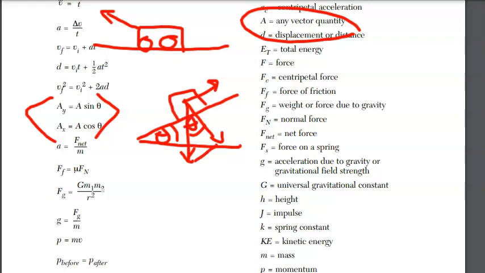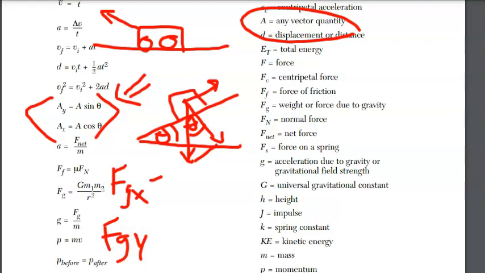So if you have to break up and figure out your normal force and your force of friction, now you're not going to use these two equations. This is only for on the horizontal. To use the ones here, we have FGX, force due to gravity X, and force due to gravity Y. And that's, of course, the force due to gravity, and it's flipped.